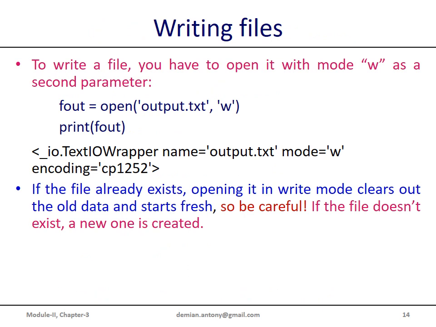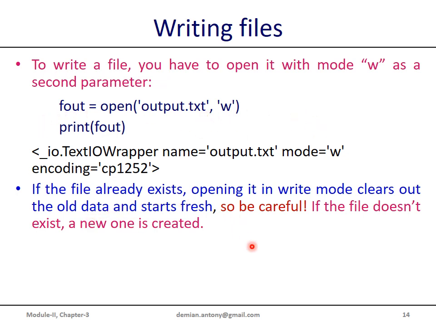Writing contents onto the file. To write content onto a file, we need to open the file with the mode w as the second parameter. If you write the second parameter as r, then it is read mode. So the file called output.txt is opened in write mode.